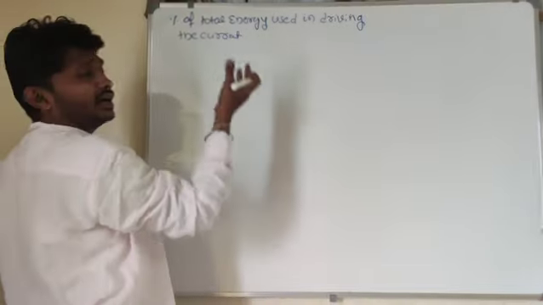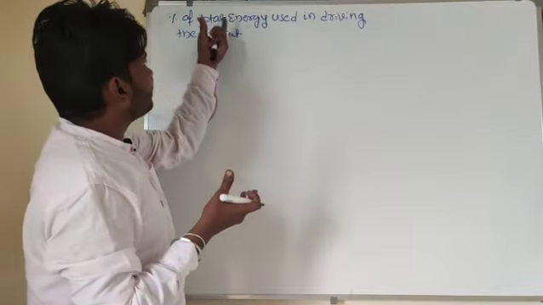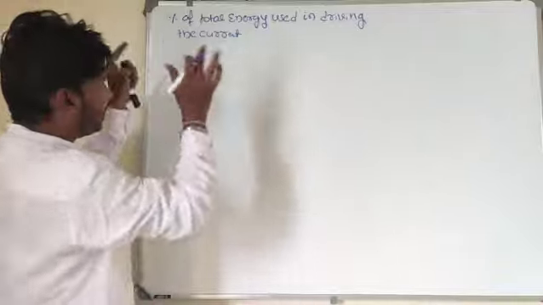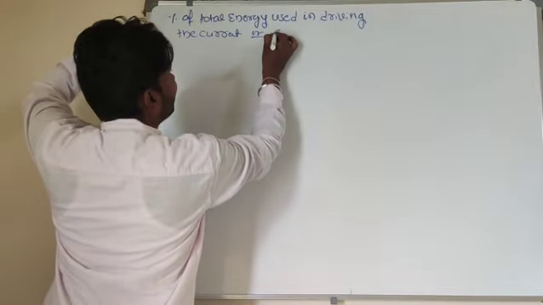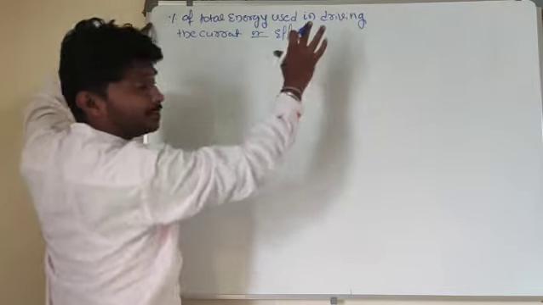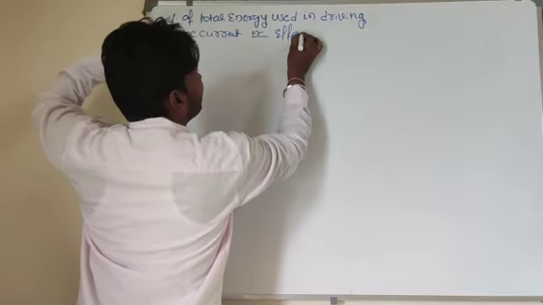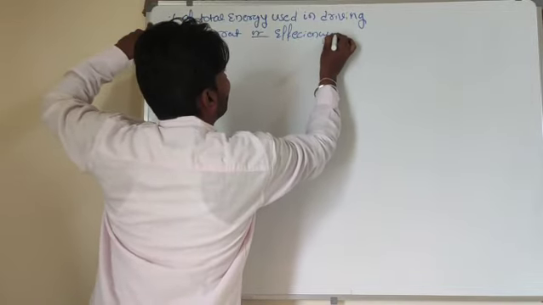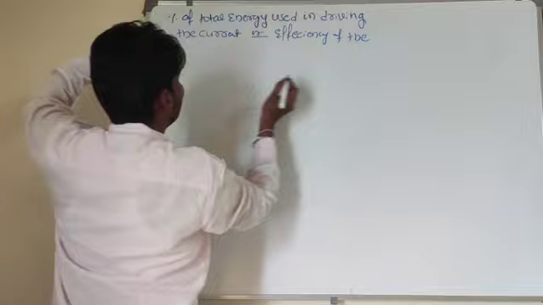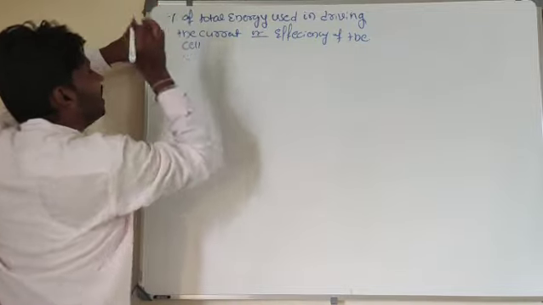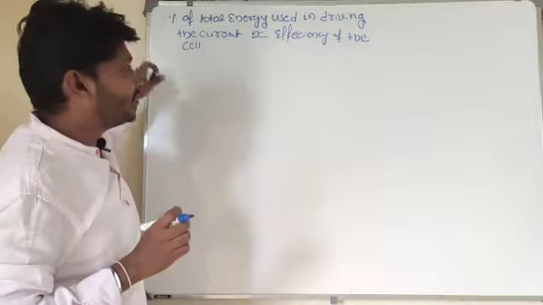So from the cell, current is flowing here. How much percentage of energy I am utilizing, or in other words, I can find the efficiency of the cell. By a simple name I can call it the efficiency of the cell. Which thing do I need to find here? I want to find the efficiency of the cell here.